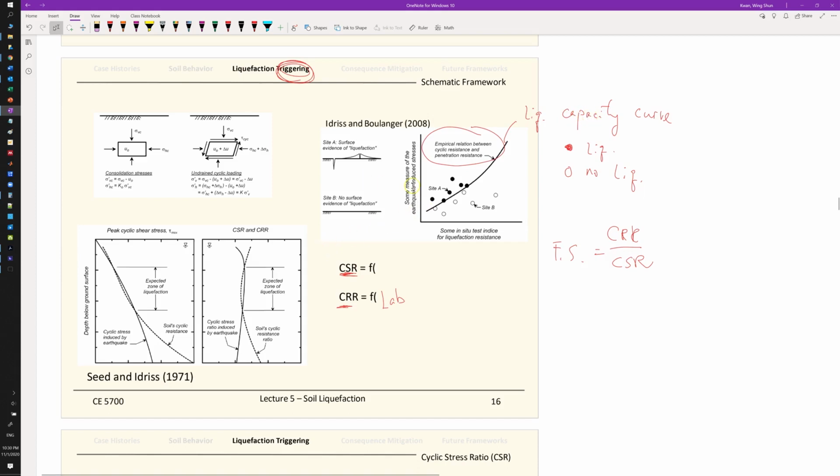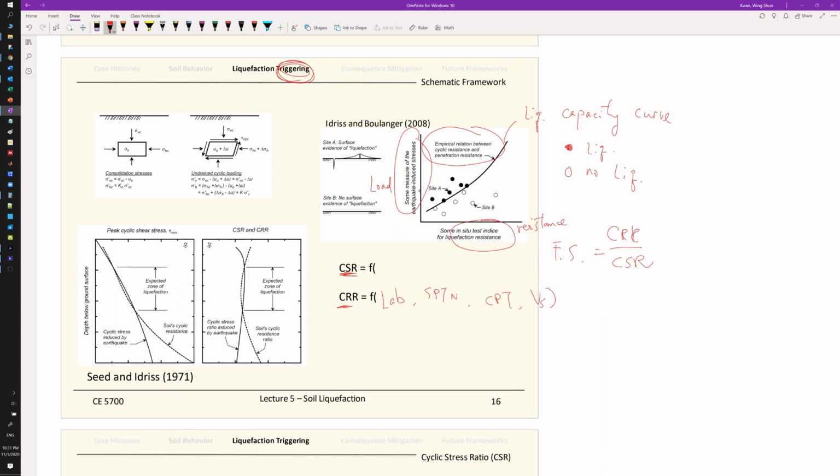So you can compare the loading and the resistance. This is the loading, and this is the resistance. CRR is called the resistance. You can think of it as SPT N values, it can be CPT, it can be in situ shear wave velocity measurements, like the downhole and also the crosshole that we talked about.